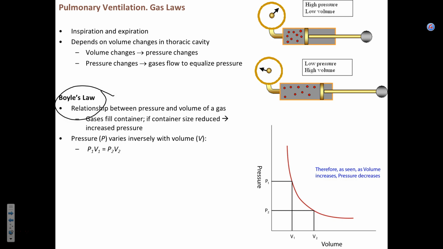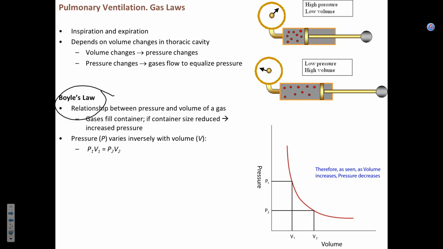You can say it otherwise. So, look, I'm going to change the volume of the pleural cavity by pulling the diaphragm down. So I expand the pleural cavity. When I increase the volume, I decrease the pressure.